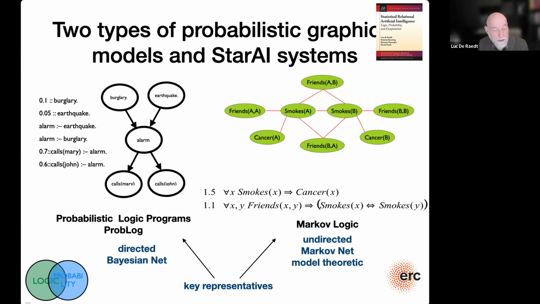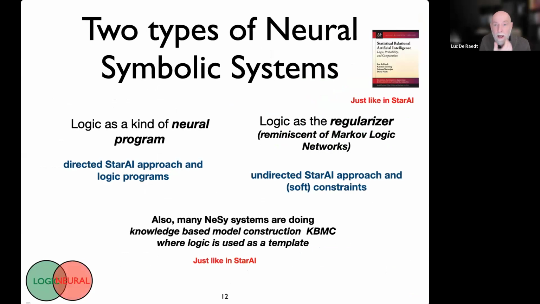But given that you work with soft constraints, it's not the case that if a constraint is violated, a world becomes impossible. That's very much in the spirit of Markov logic and Markov networks, the model theoretic perspective, the satisfiability perspective, if you like.